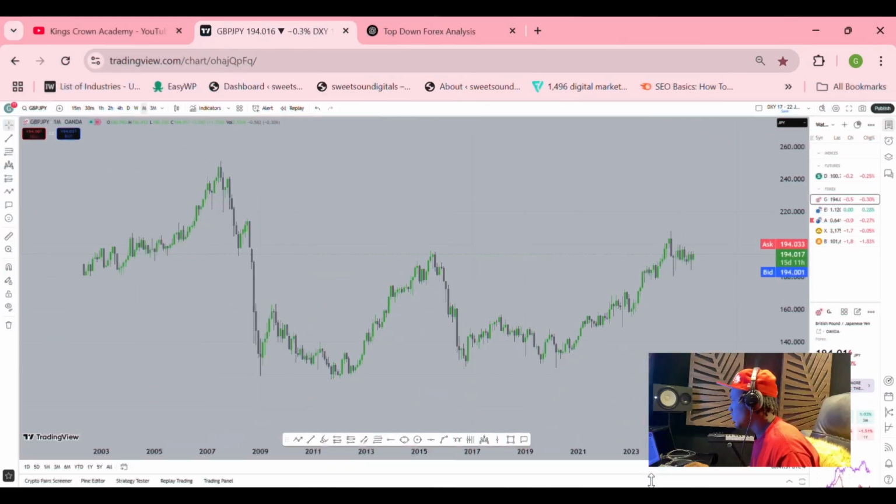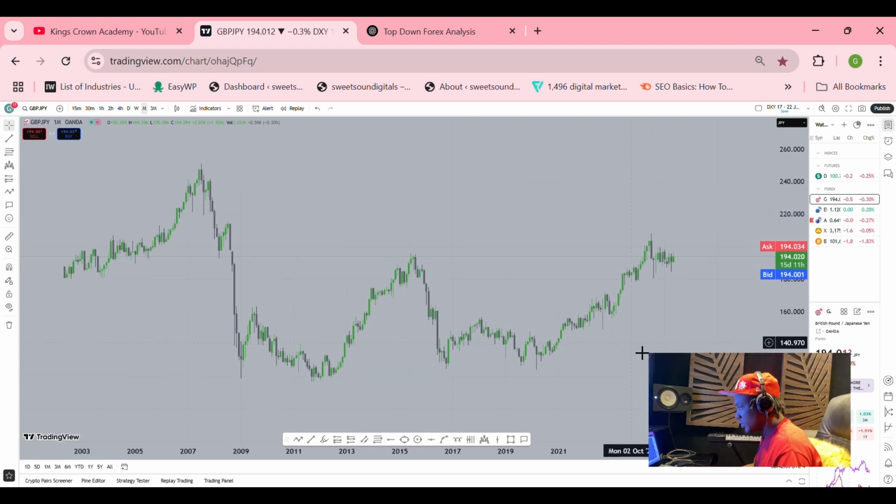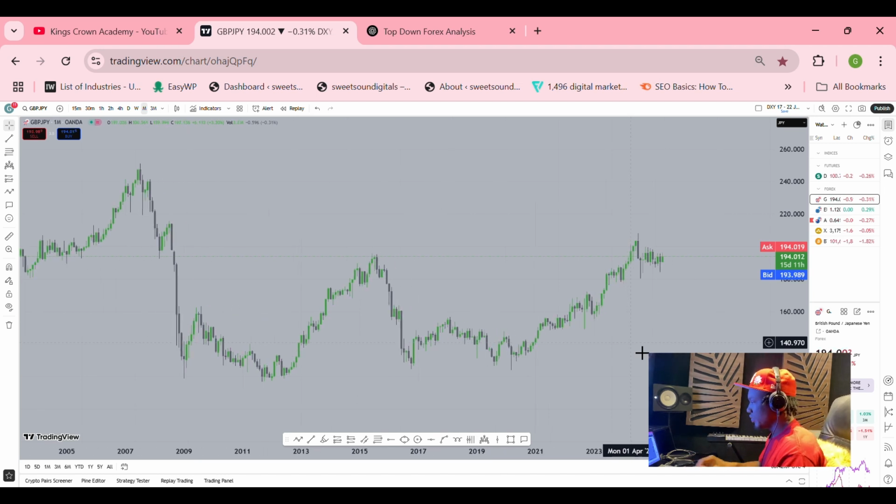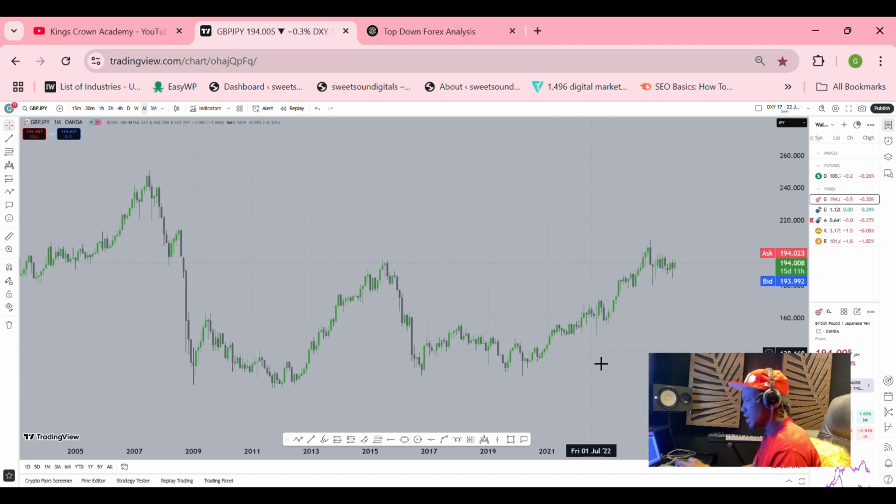All right guys, back to the chart. I'm using GBP/JPY on the TradingView app. For top-down analysis on the monthly time frame, like I told you, we're just here to mark out our zones.